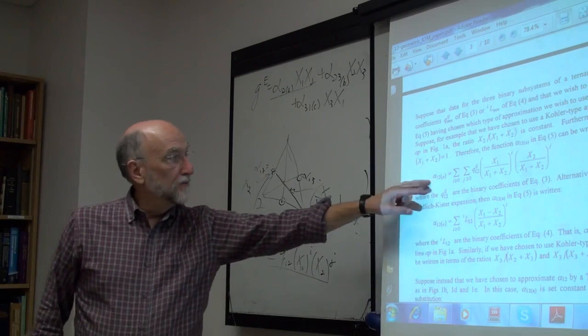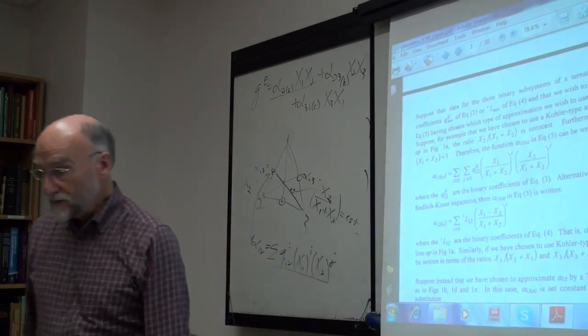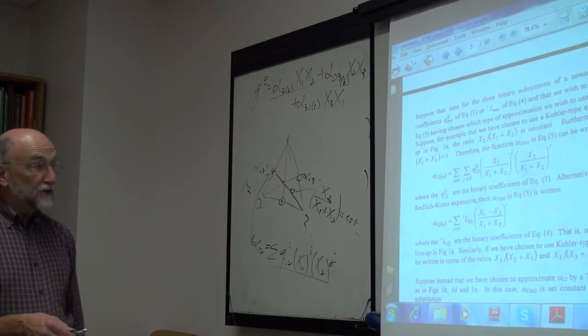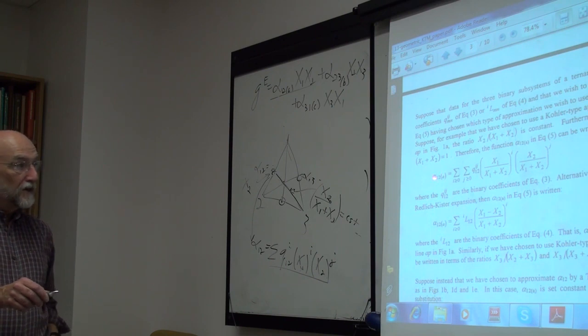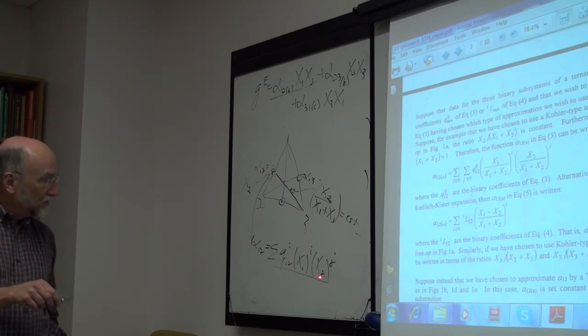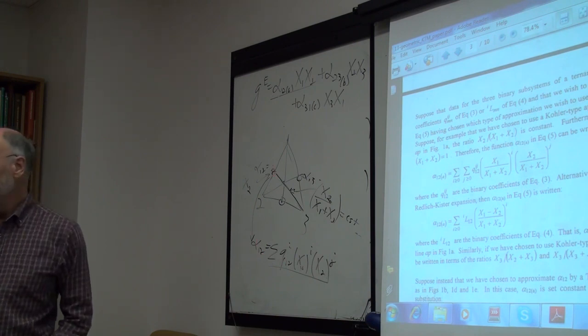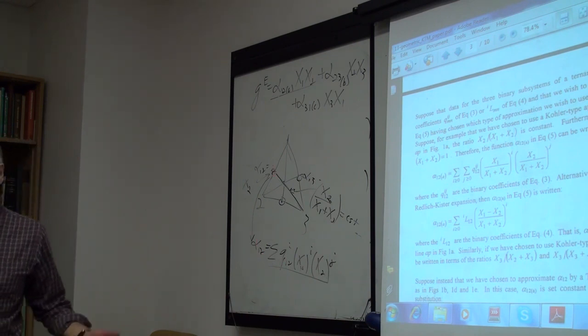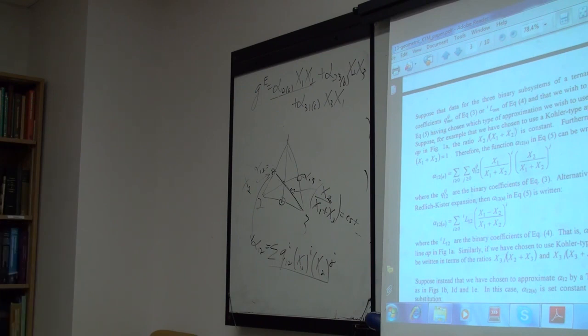So if I replace these values, in other words, this function here is constant along that line. And it's equal to this value at that point. See what I've done? I just replace x1 and x2 in this equation by this ratio.